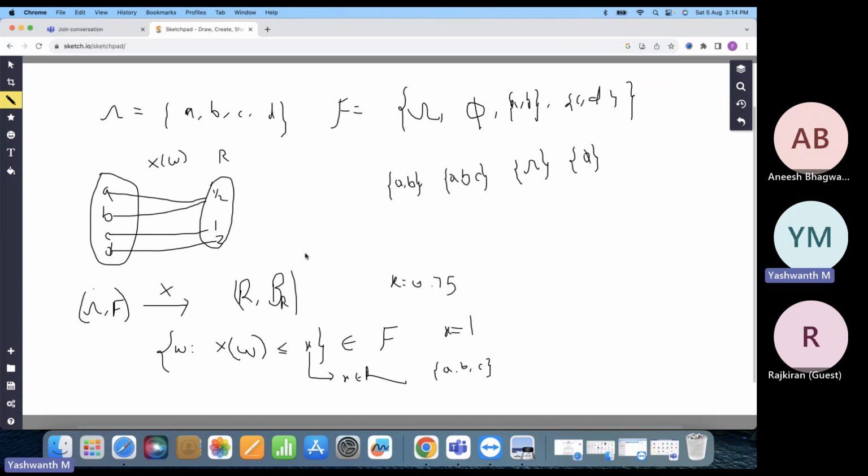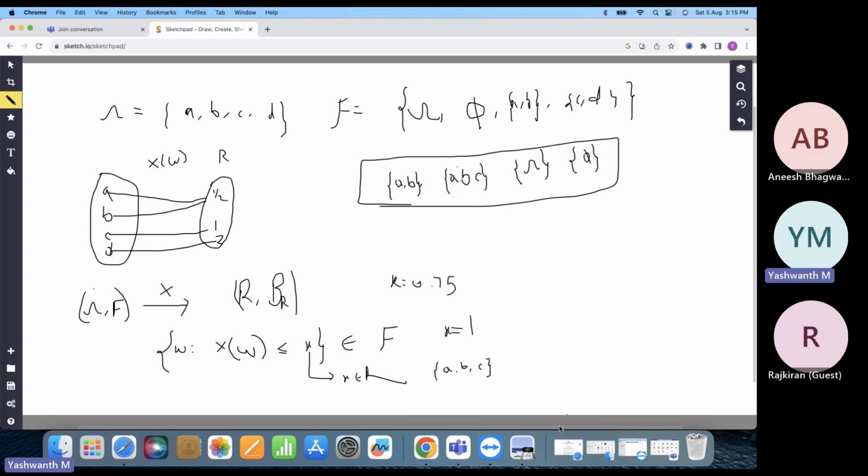All right, so this is what you got. Now ABC should be present in F, which it is not. So that's why X is not a random variable with respect to F. It may be a random variable with respect to some other F, I don't know, but for this F, it is not.